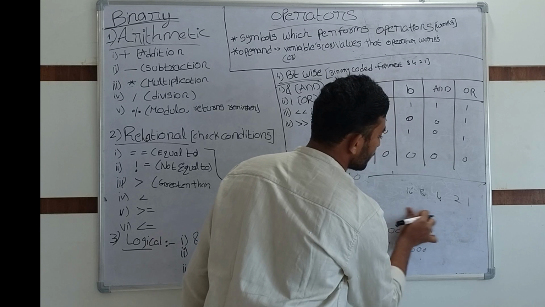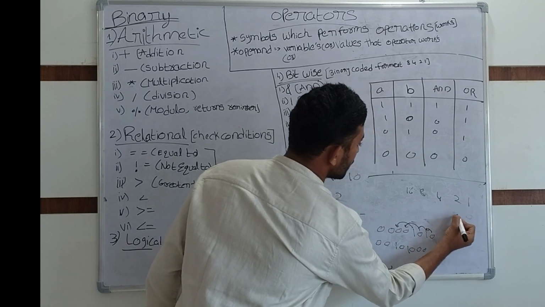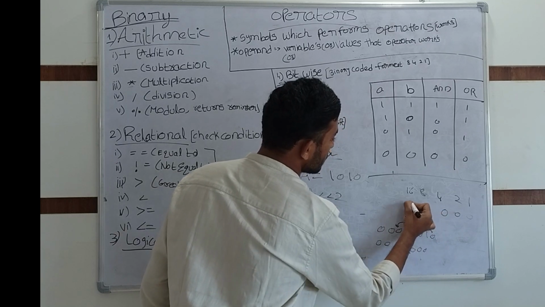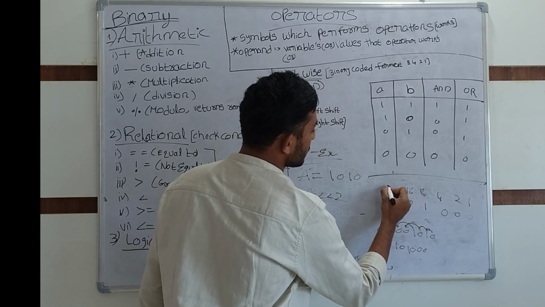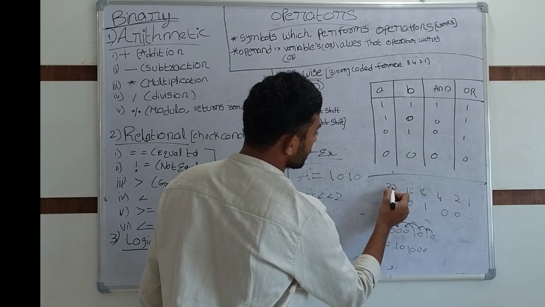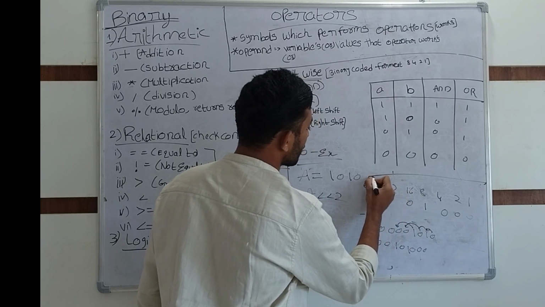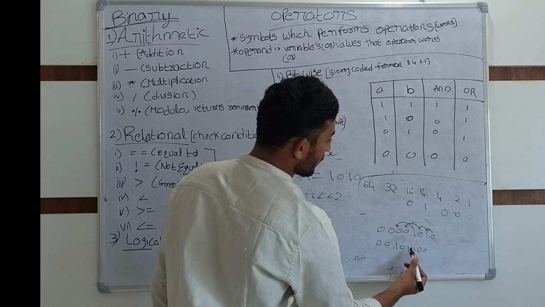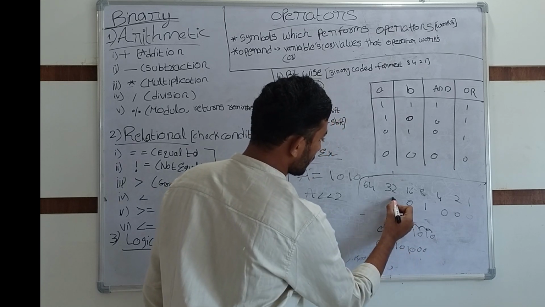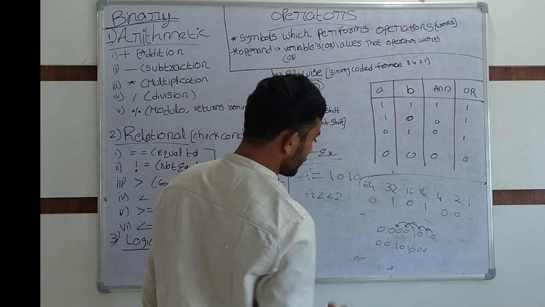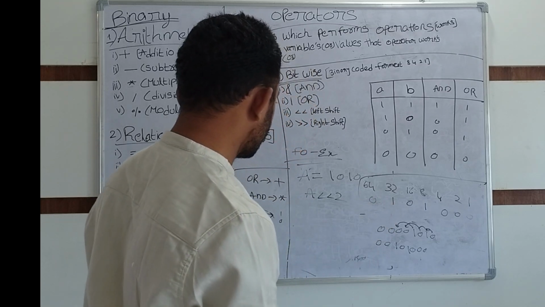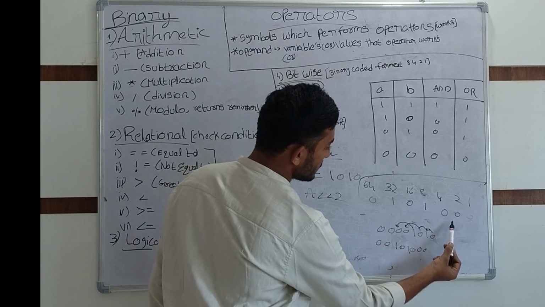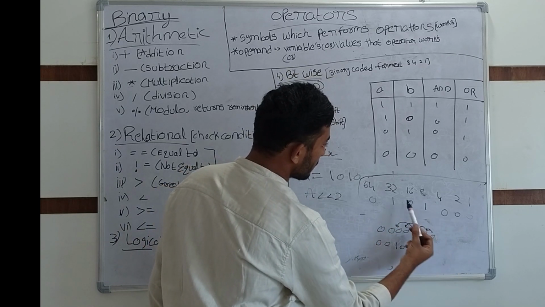What is the value for this? Here 16, 32, 64. 1, 3 zeros, 3 zeros, 1.